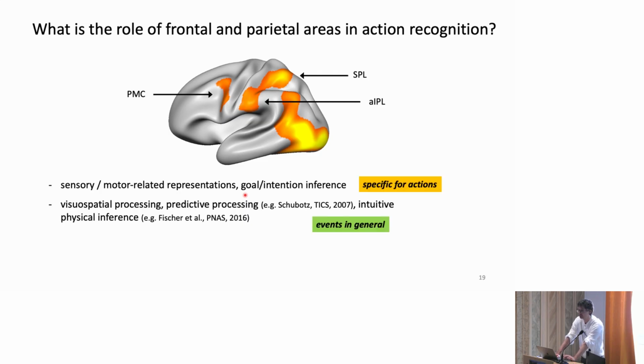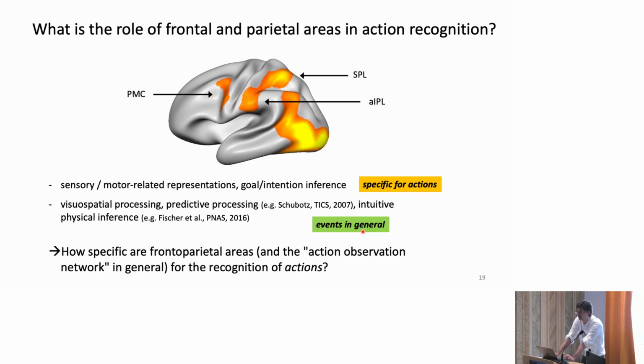So the former group of functions are specific for actions, whereas the latter functions are more general, so they apply to events in general. So an important question is therefore, how specific are the representations in frontal-parietal cortex, and actually also in the action observation network in general for action recognition.